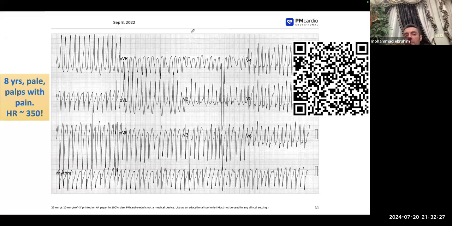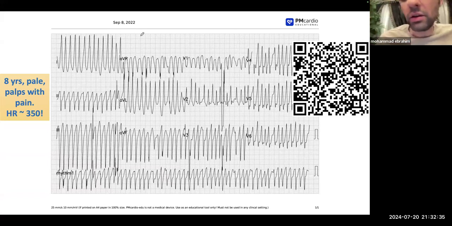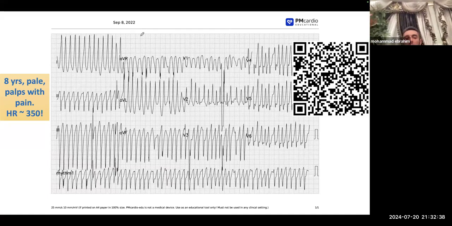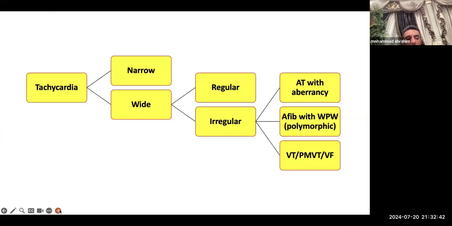Say the patient is not that sick, you should still not give adenosine. Wide complex tachycardia, irregular, you don't give adenosine. There is a reason for that. I can explain it, but again it's an advanced question.